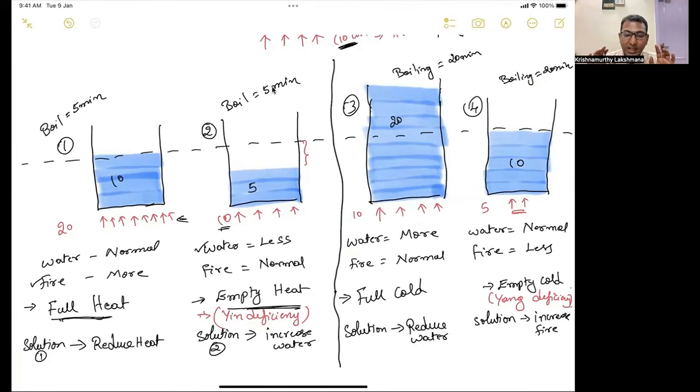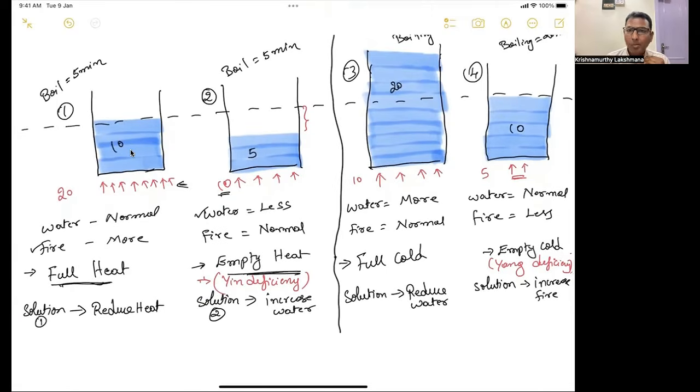Okay. So you understand full heat, empty heat, full cold and empty cold situations? Is it clear? Yes, sir. Absolutely right. Okay. Somebody wanted to add something. I just wanted to add a thing. Just let me know if I'm understanding it right. Can we correlate full heat and full cold to the external situations like the summer and the winter, and empty heat and empty cold to the internal deficiency?